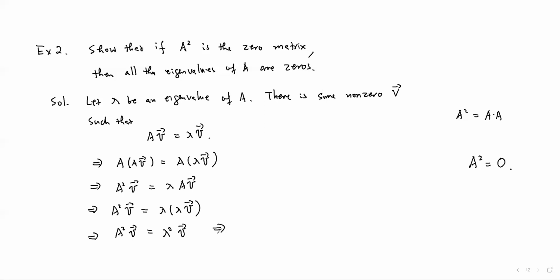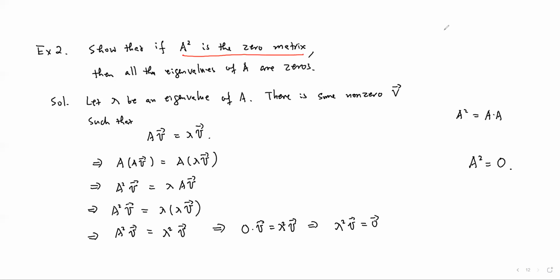Now, we are given that A squared is a zero matrix. So a zero matrix times a vector is the zero vector. So we get lambda squared times v equal to the zero vector.